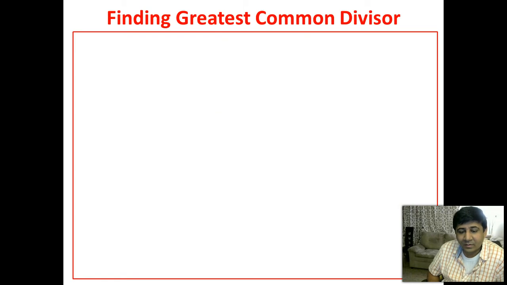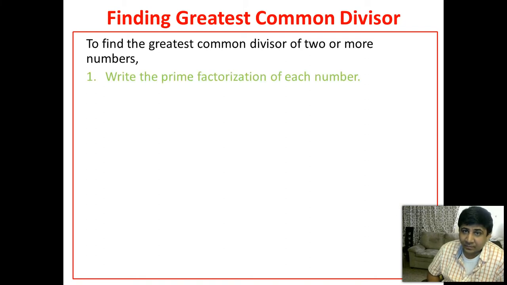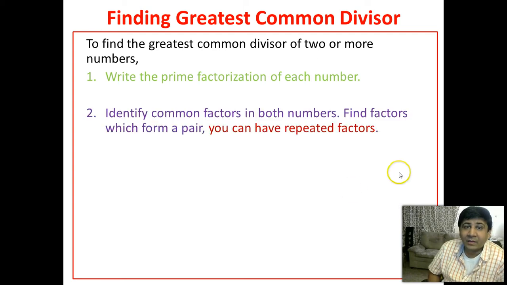Now let's talk about how to find the greatest common divisor. To find the greatest common divisor of two or more numbers, we will first write down the prime factorization of each number. Then we'll identify common factors in both of those factorizations, the factors which form a pair.